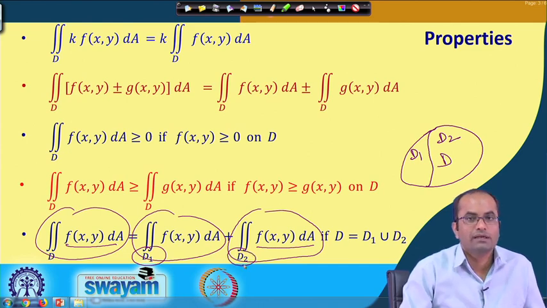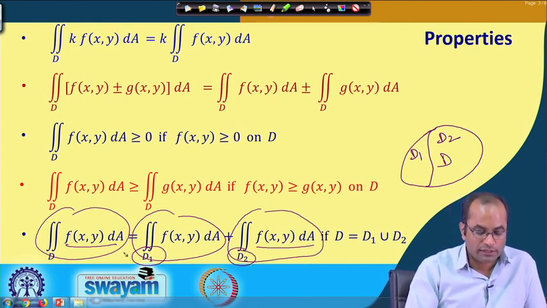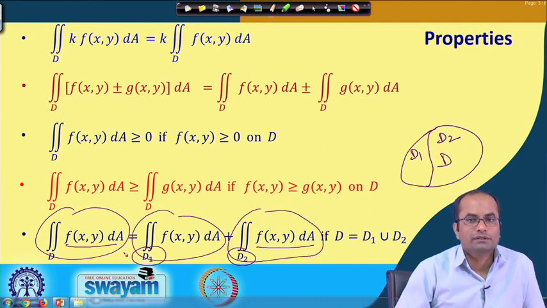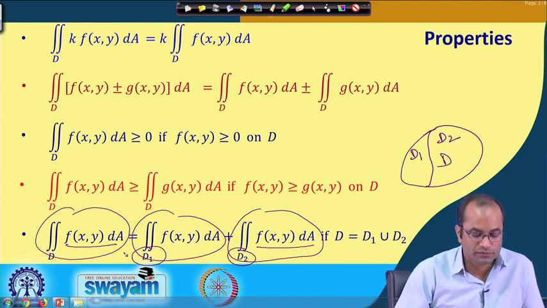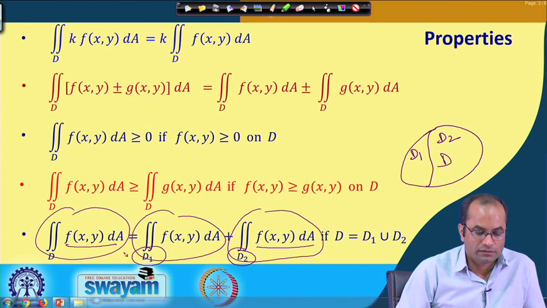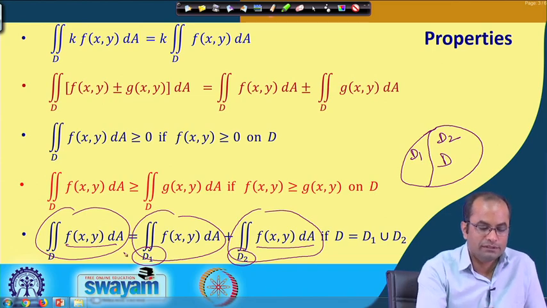That is also a common property of the single integral. So we have more or less similar properties for the double integral.